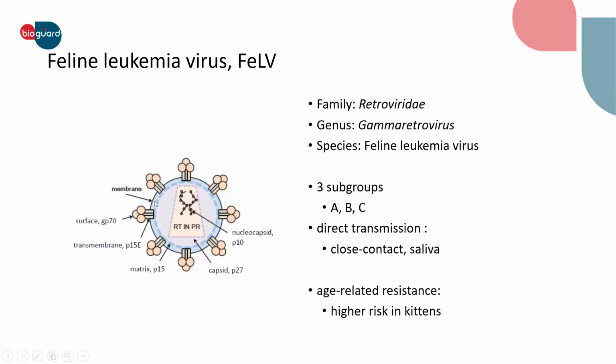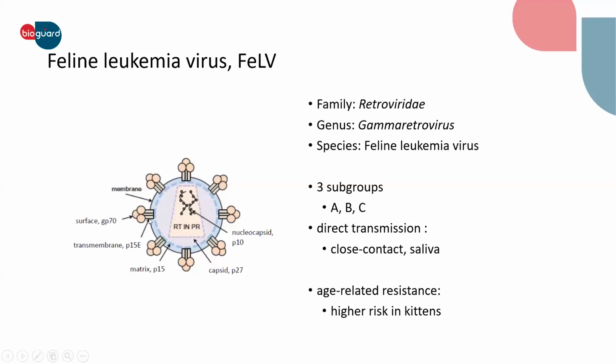And that's the virus structure of the FeLV. We can see it's an enveloped virus. On the envelope, it has the surface protein, GP70. If you are using the recombinant subunit vaccine for FeLV injection, it usually is composed of GP70, the surface envelope protein of FeLV.